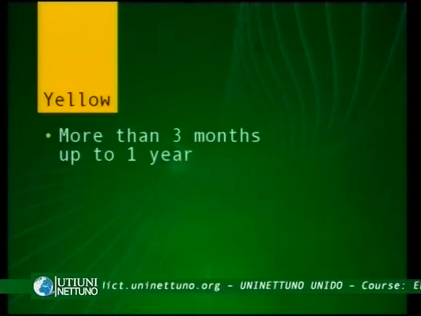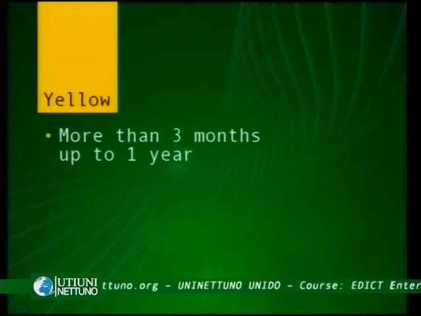Yellow, more than 3 months, up to 1 year. This is arbitrary. This could change, because remember, this prioritizing tool is dynamic. It is something that changes all the time.